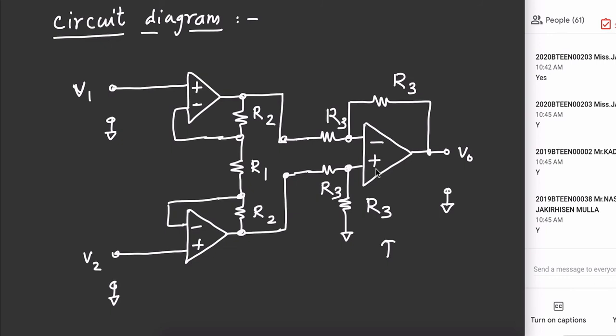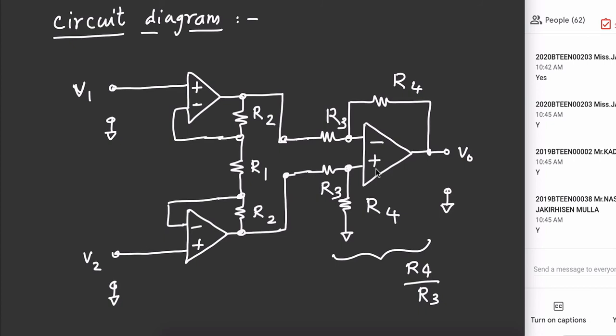So the gain will be 1. Right now the gain will be 1. We can change this to R4, R4. In that case, the gain of this circuit will be R4 by R3. Everybody understood this?